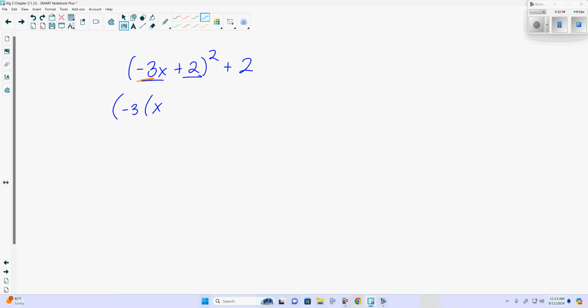Negative 3 out of negative 3x is actually just x. If I divide it from the positive 2, I get negative 2/3. So our left-right movement is this 2/3, not our nice whole number. So it's part of the reason why I stay a little bit away from horizontal stretch or shrink, because it causes these kind of issues.